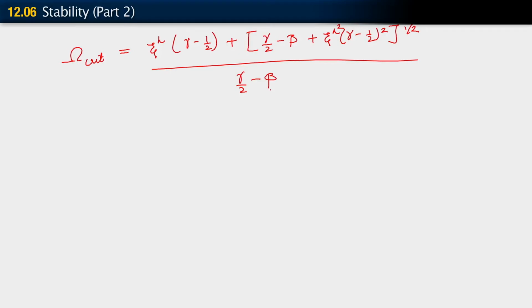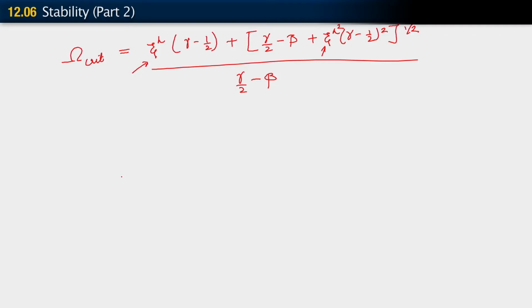What we see here is that there is the effect of damping. And we have damping when CH is greater than 0. The effect of damping is to increase the critical frequency.